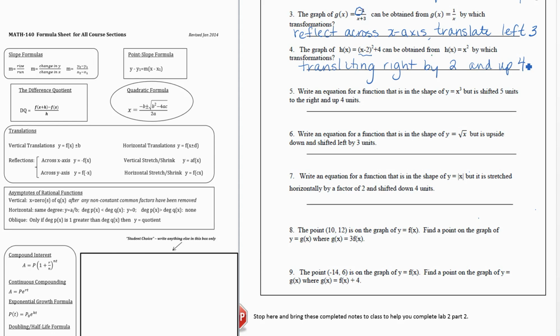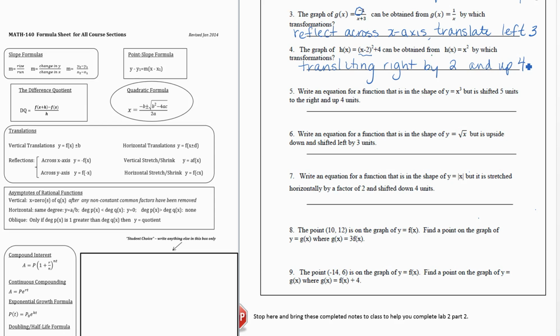So now we're going to do the opposite. We're going to start out with our parent function, and it's going to tell us what to do to it, and we have to find the equation. So 5 says, write an equation for a function that is in the shape of y equals x cubed, but is shifted 5 units to the right and up 4 units. Now left and right means we're going to do it inside where the x is.